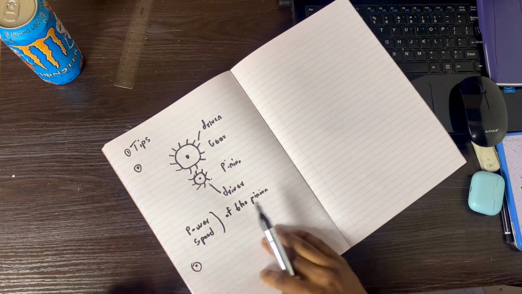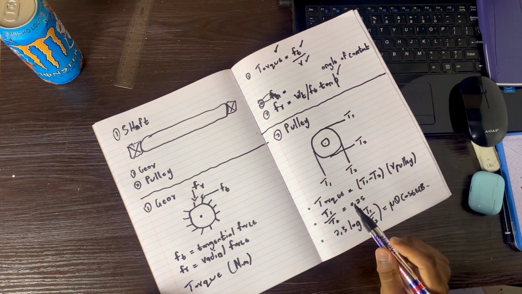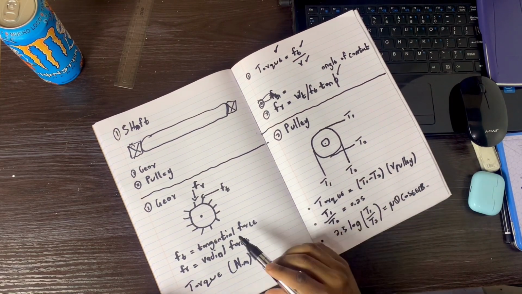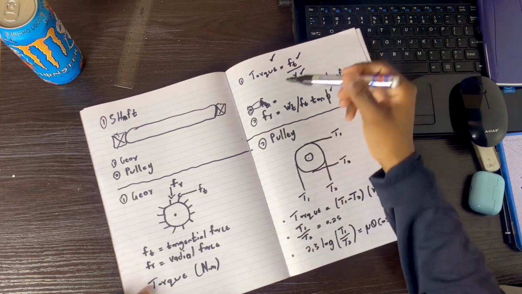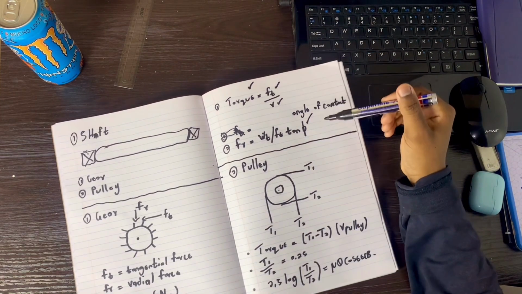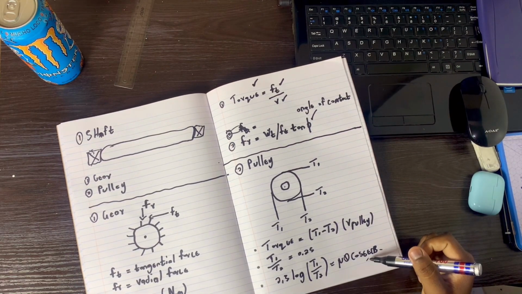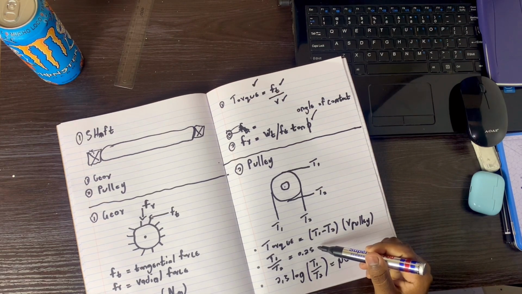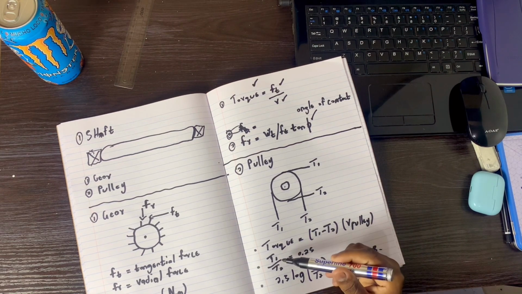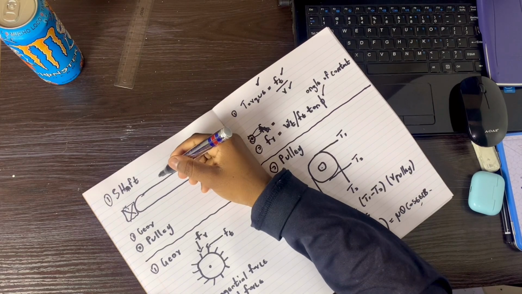Also don't forget these formulas: tangential force, radial force, torque, angle of contact, groove angle. And for the pulley, this is the ratio of the tightest and the slackest tensions.